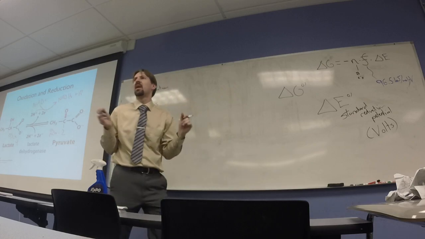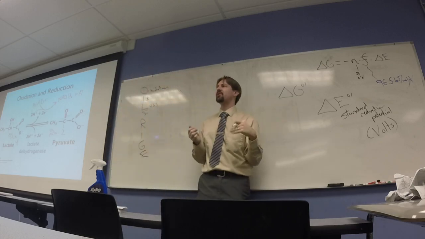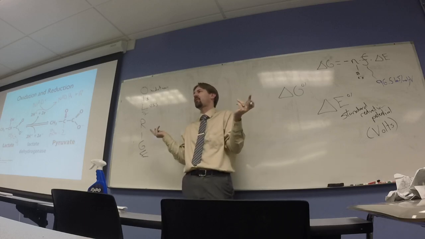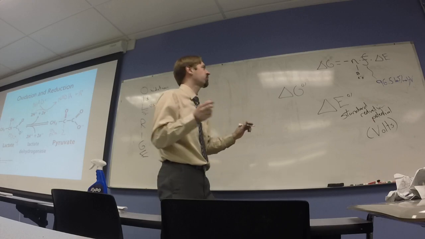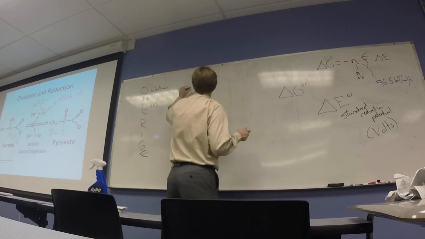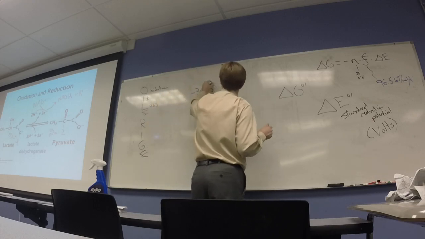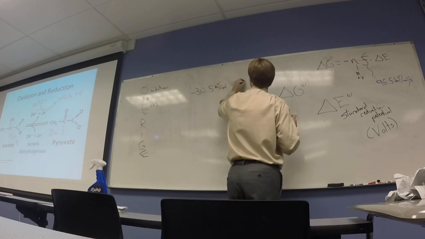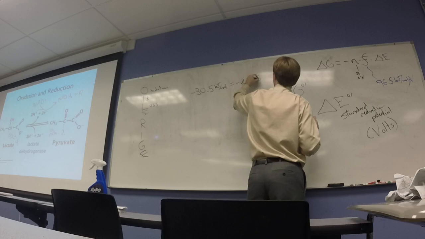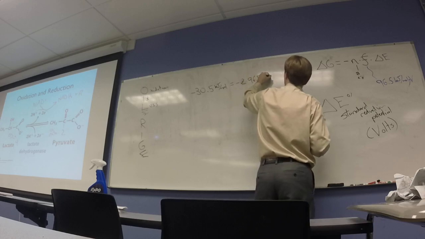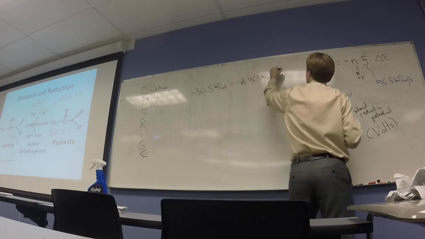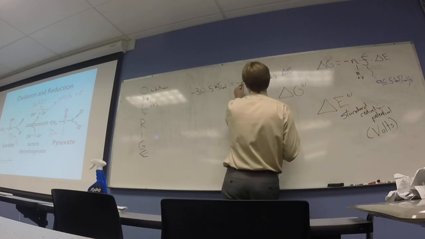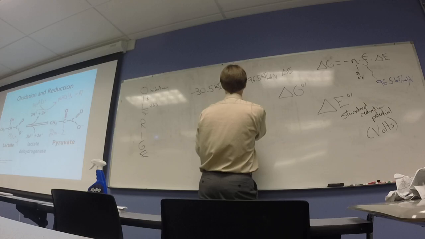Why not, right? ATP is a bond formation or breaking. It's not actually redox, but it's a bond, so let's pretend that's 2 electrons, because a bond is 2 electrons. So I've got negative 30.5 kilojoules per mole equals negative 2 times 96.5 kilojoules per mole volt times delta E. So divide that out.